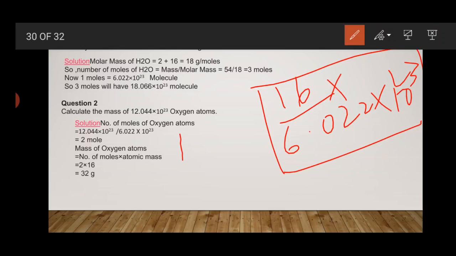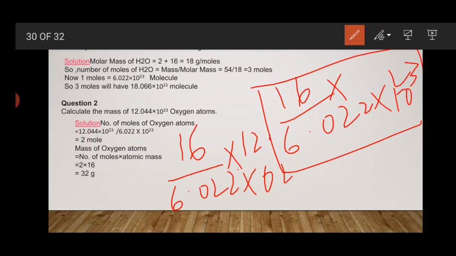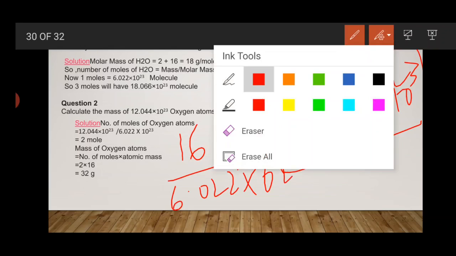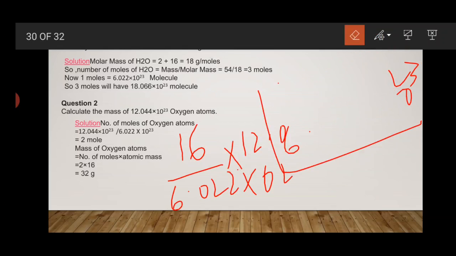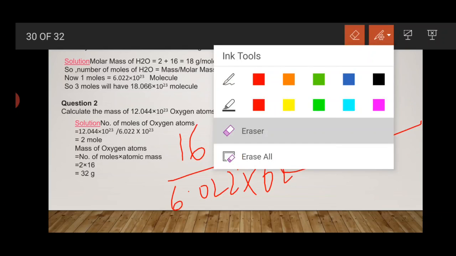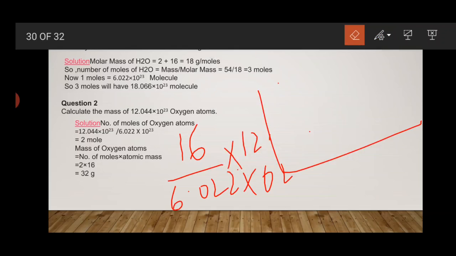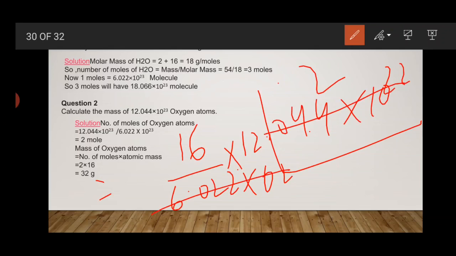Then 12.044 into 10 to the power 23 atoms of oxygen is equal to how many gram? Then we multiply by this whole expression. So it will come 16 upon 6.022 into 10 to the power 23 multiplied by 12.044 into 10 to the power 23.